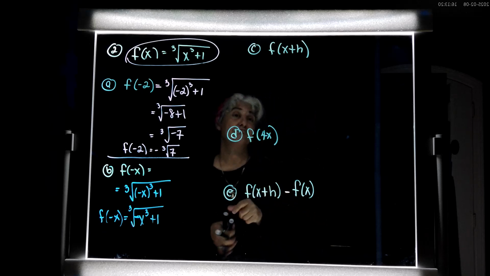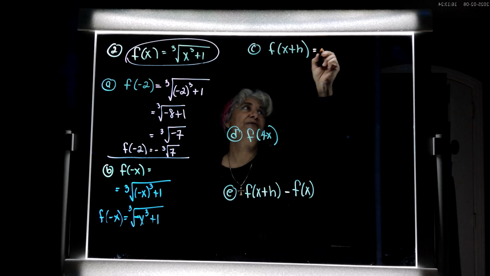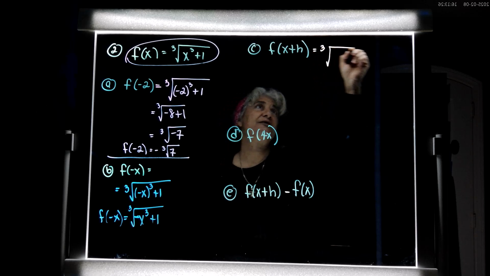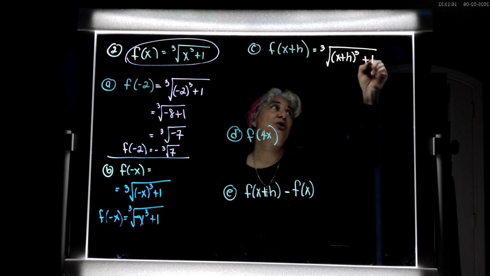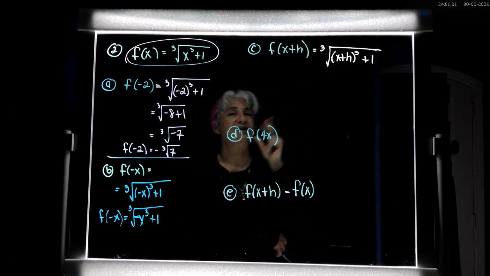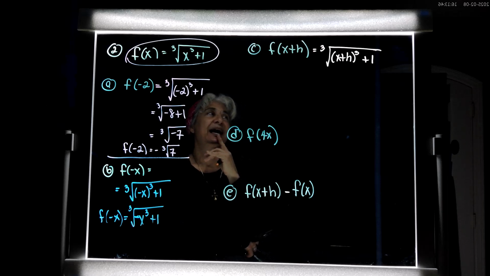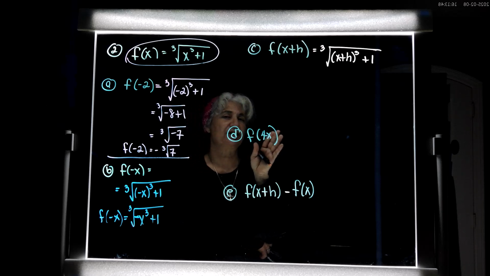How about letter C? Oh yeah, here's that long one, right? Okay, so we've got the cubed root of x plus h cubed plus 1. Now, here's what I know. I'm going to have to write this thing out 3 times and distribute. And it's all going to be attached with addition, right?